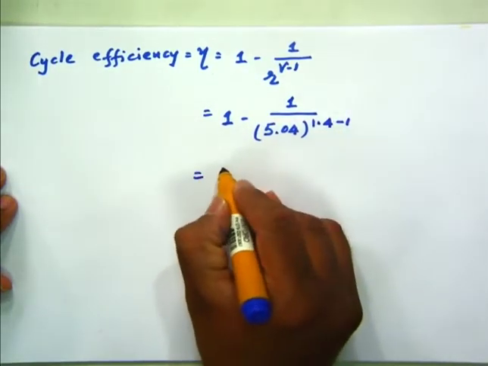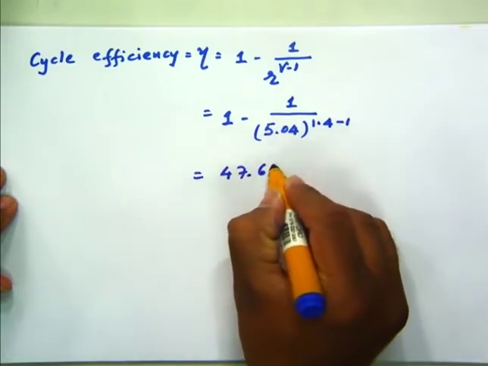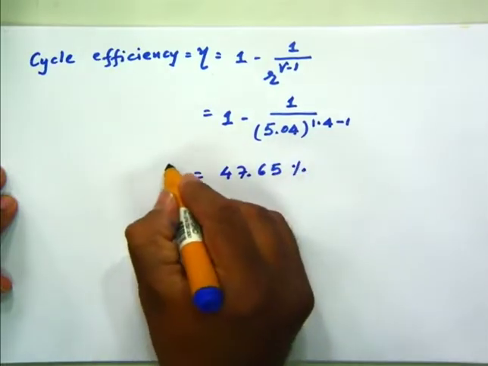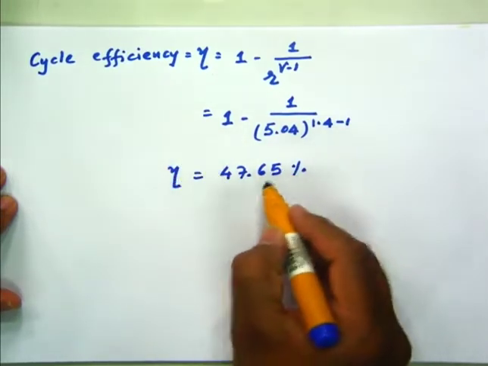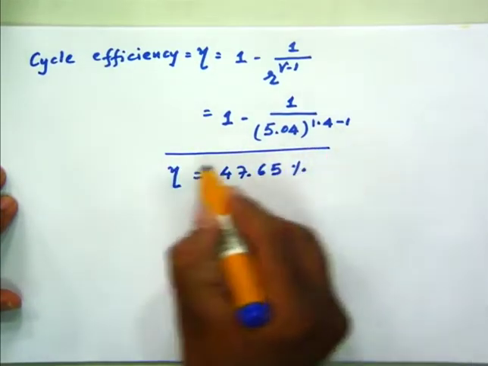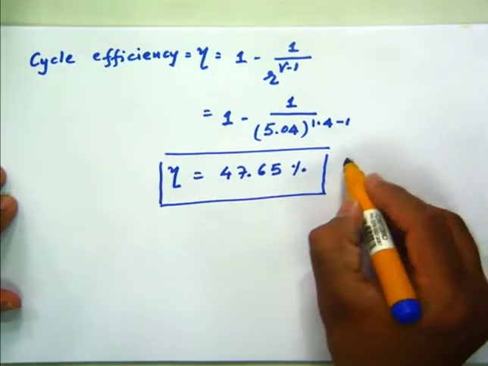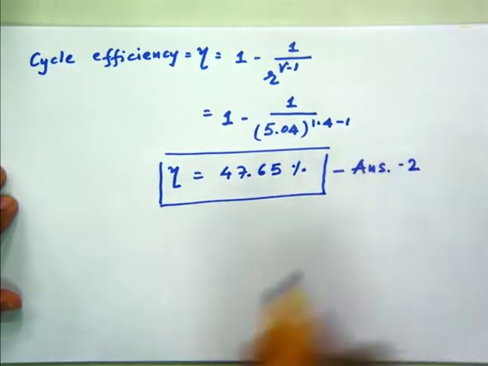Solving this, you will get 47.65 percent. Cycle efficiency eta is 47.65 percent. Efficiency is your answer 2.